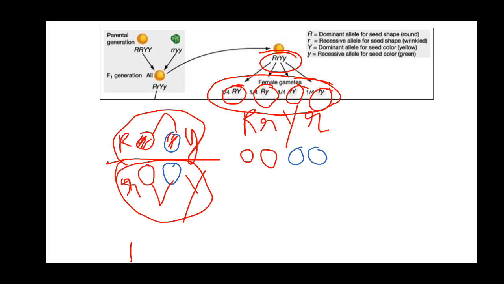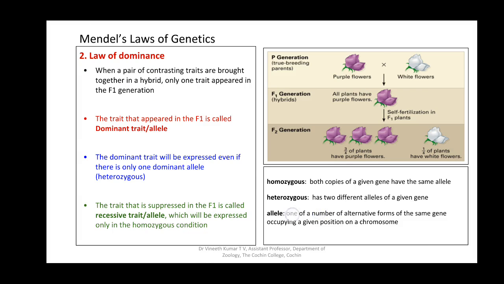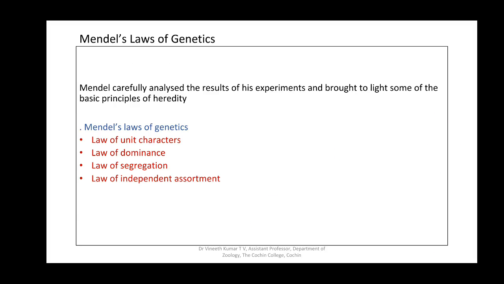With this, we come to the end of the Mendelian laws. We have discussed all four laws of Mendel: the law of unit characters, the law of dominance, and the law of segregation, which we stated means the gametes remain pure, they do not blend. As a result, they segregate during gamete formation, and that is why you get the recessive trait in the F1 generation.